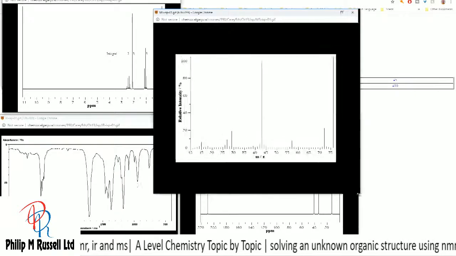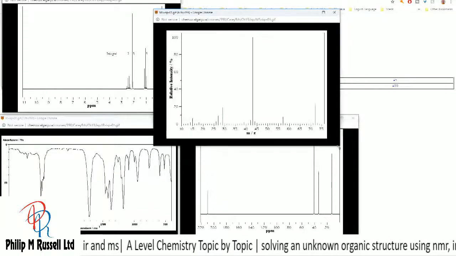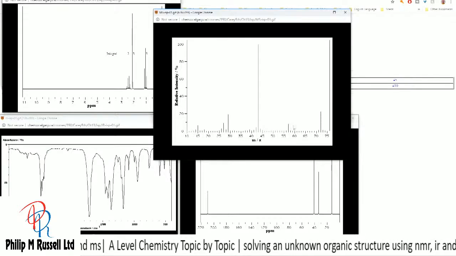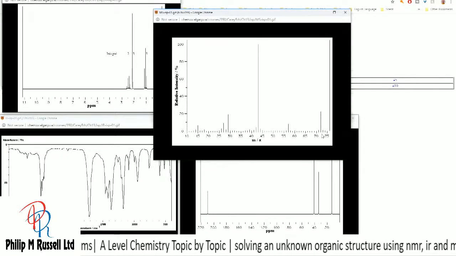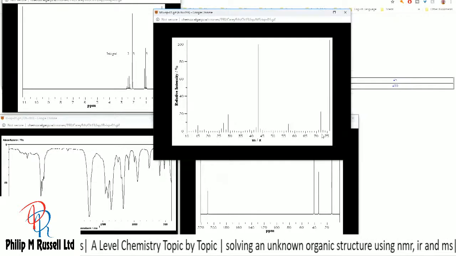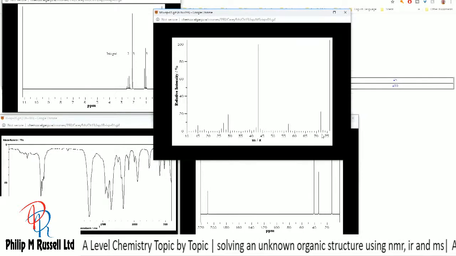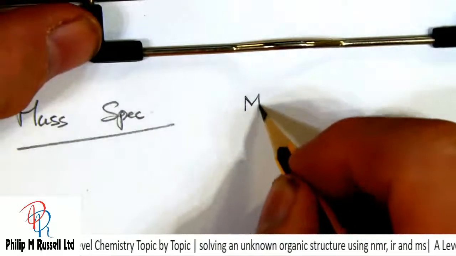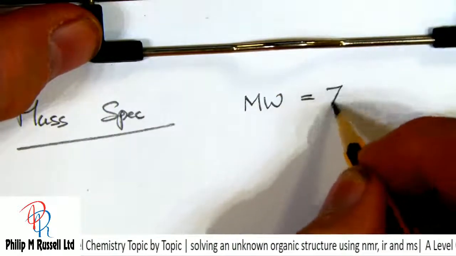I can make it a little bit bigger, but it doesn't seem to do what I want. Looking through here, I see we've got a number at 72. So that's telling me that we've probably got a molecular weight of 72.